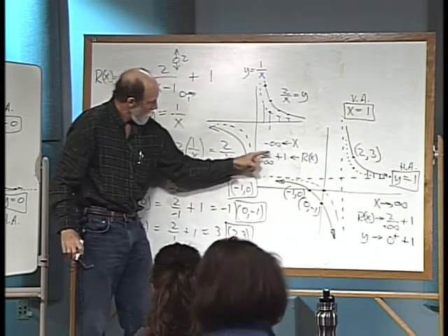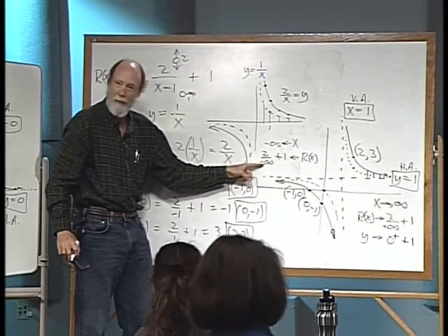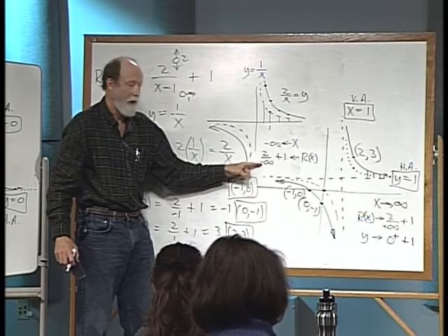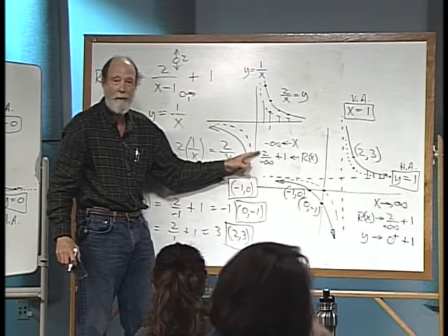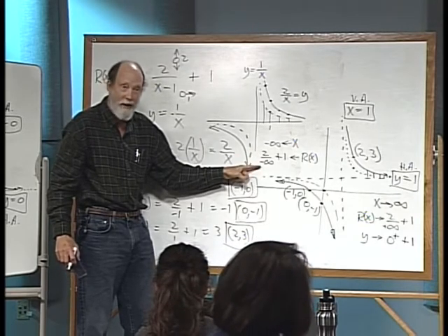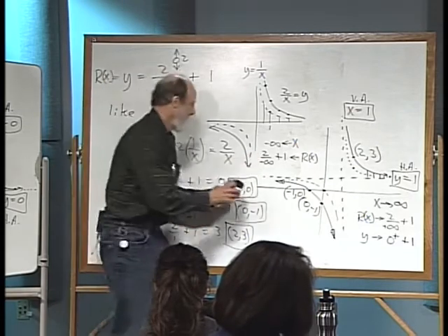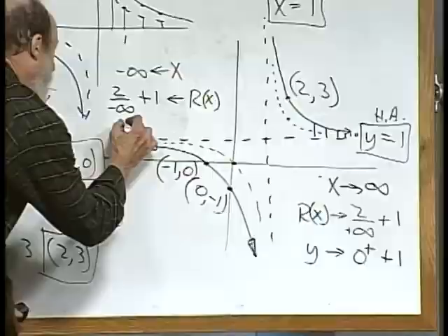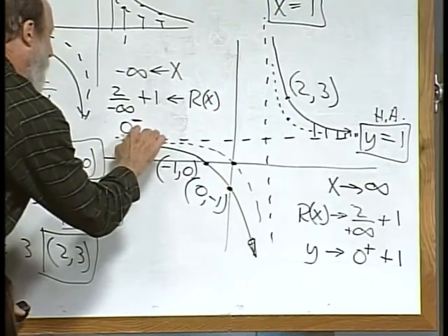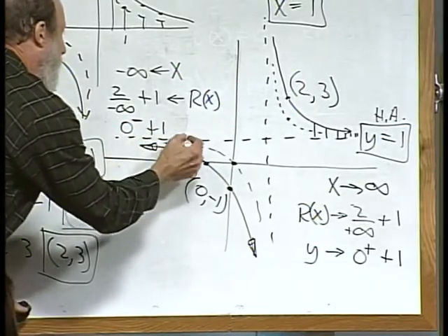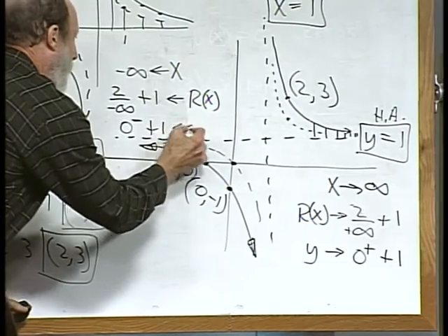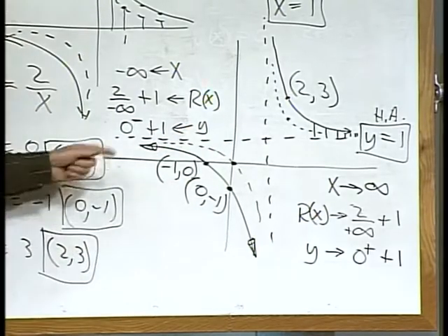And notice that this 2 over a huge negative number is what kind of number? Like 2 over negative 1,000, 2 over negative 1,000,000. Very tiny again, near 0, but slightly negative, right? So the way I like to write that is 0 with a little negative superscript, plus 1, and that's what your y is approaching.